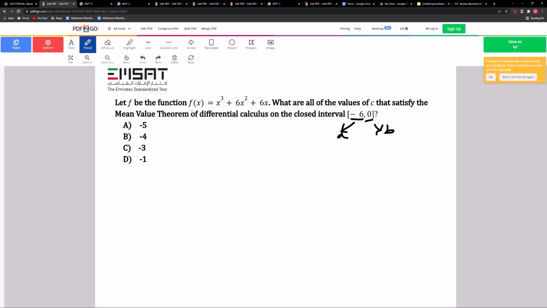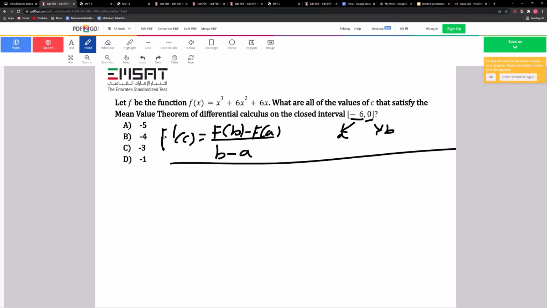Okay, here we have the f of x. In this situation, we will use this formula: f prime of c equals f of b minus f of a over b minus a.